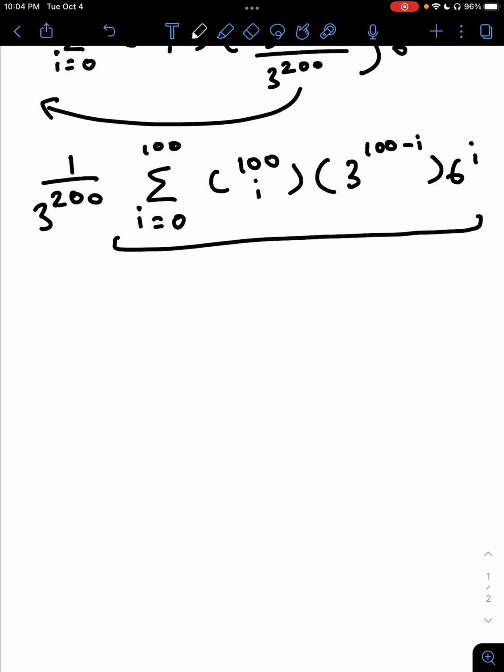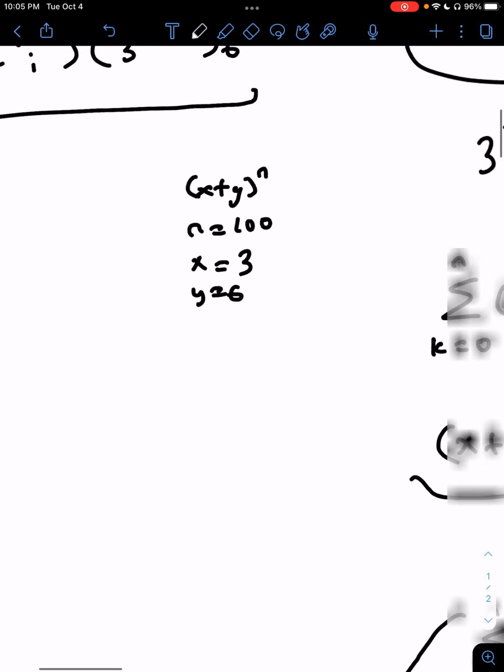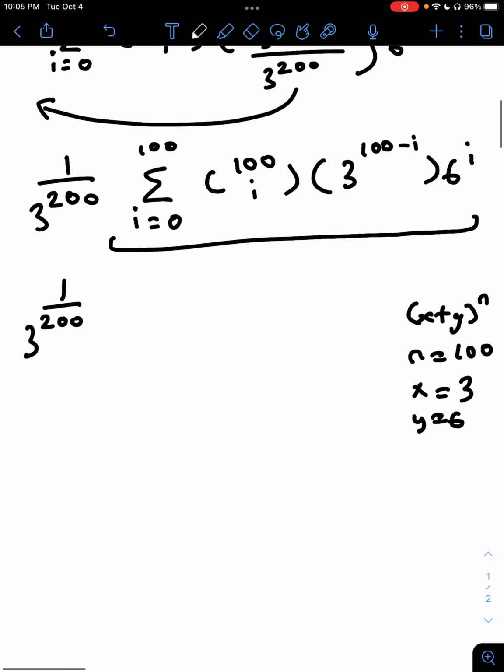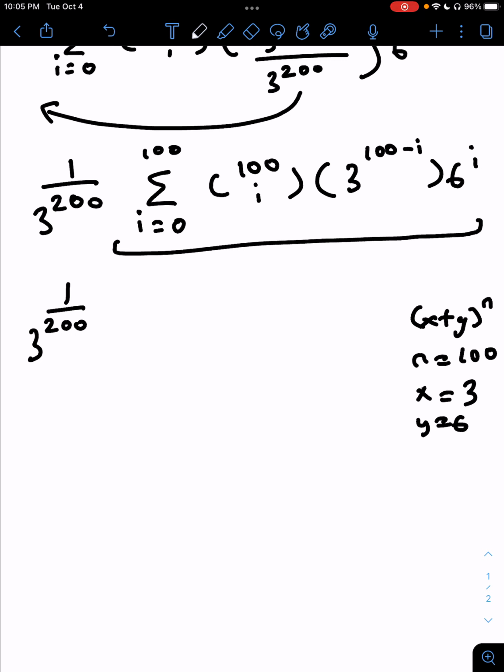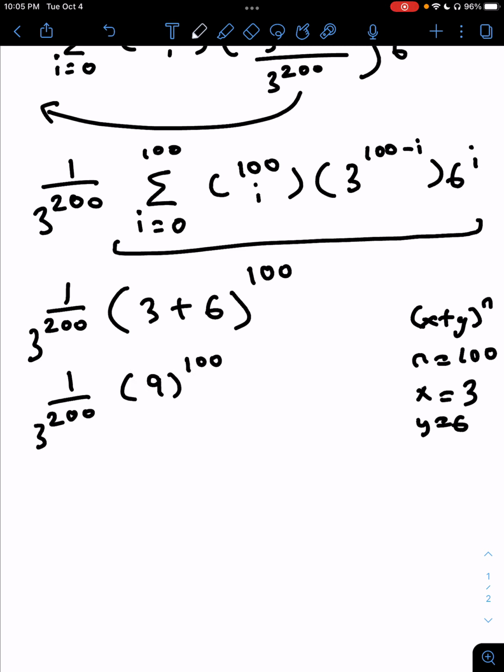All of this mess, we're going to come to this, and we just said it's x plus y to the n, right? And then we said n is equal to 100, x is equal to 3, y is equal to 6. So now you have 1 over 3 to the 200, and then 9 to the 100, right?